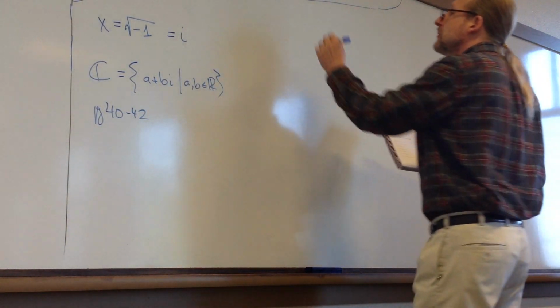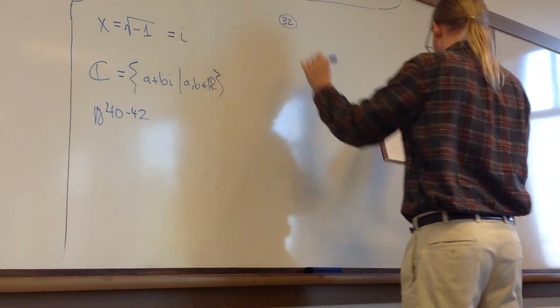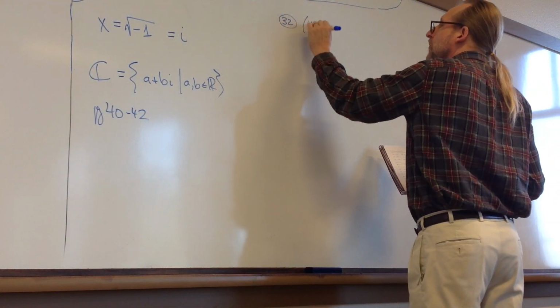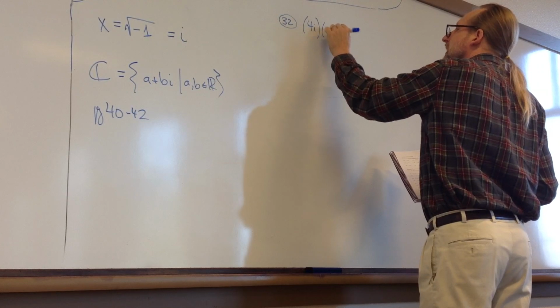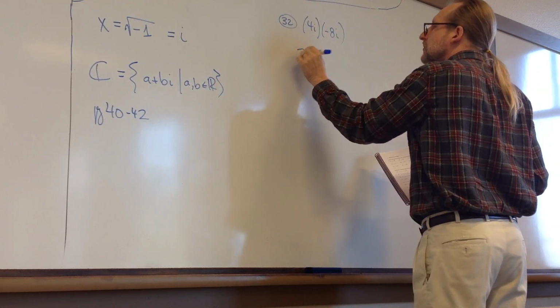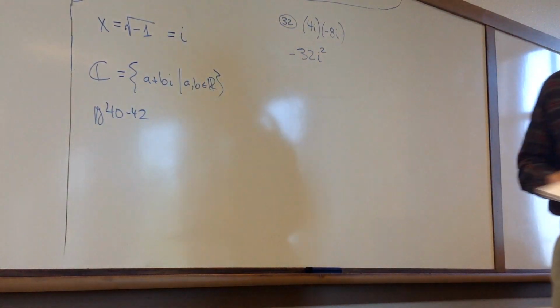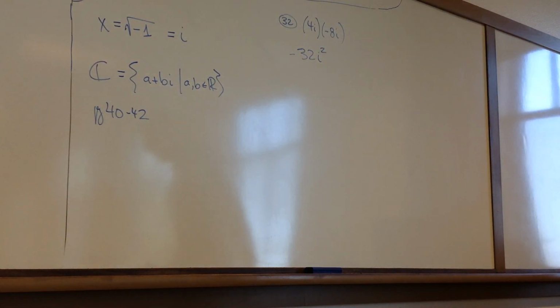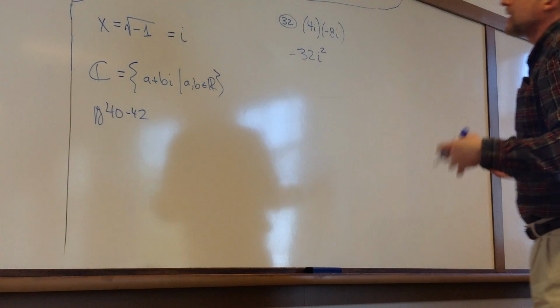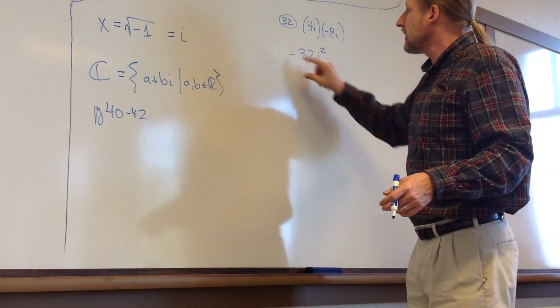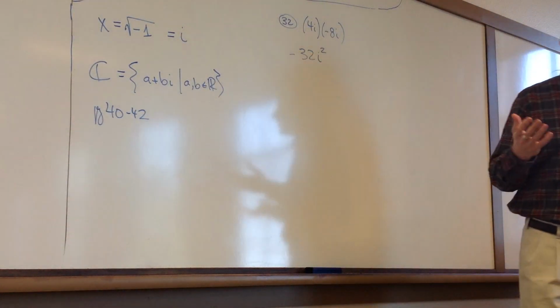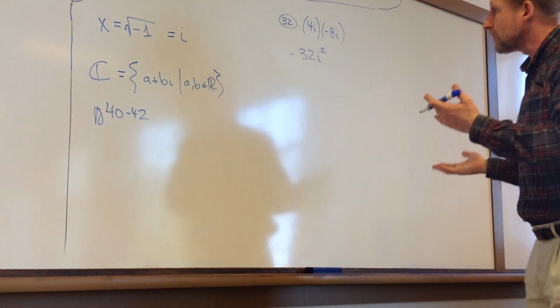Problem 32, we've got 4i times negative 8i. This will be negative 32i squared. Now this is where it gets interesting, because a lot of this is just like doing algebra, where you're combining like terms and distributing and doing all these things that we do with algebra.